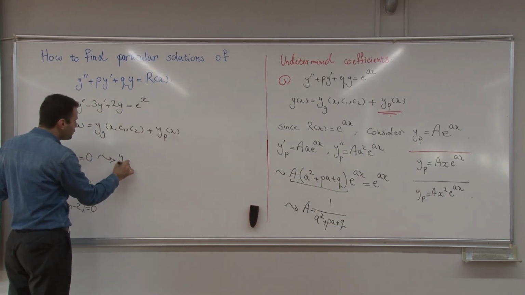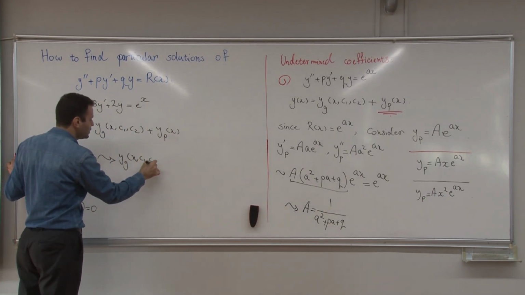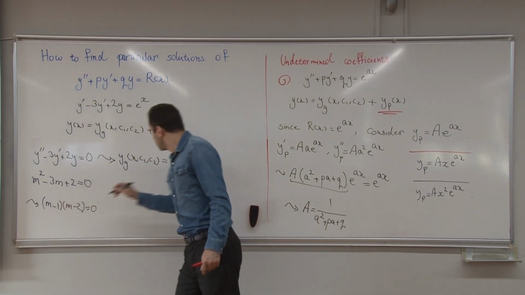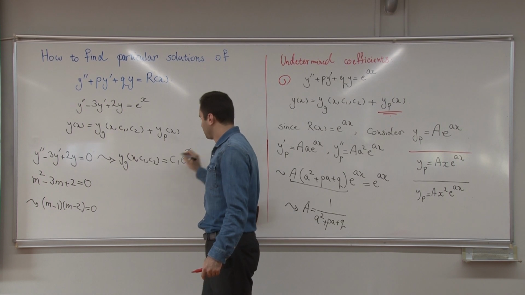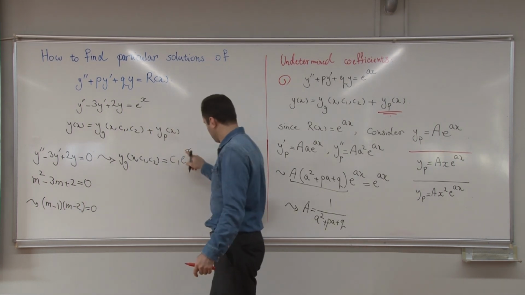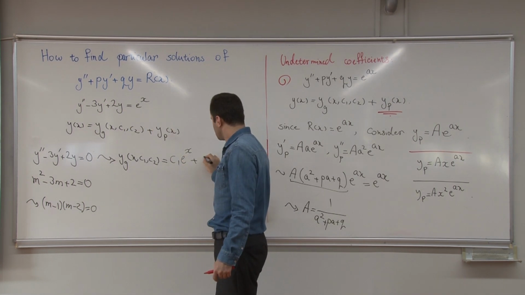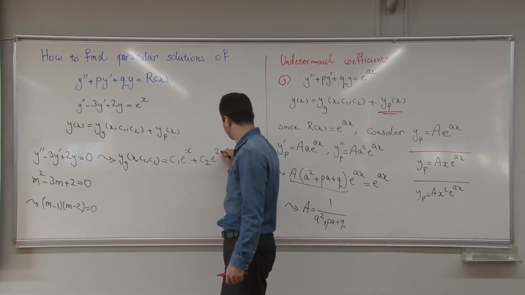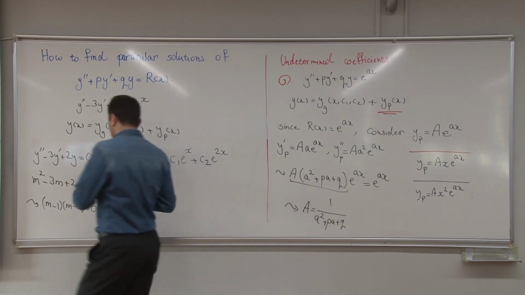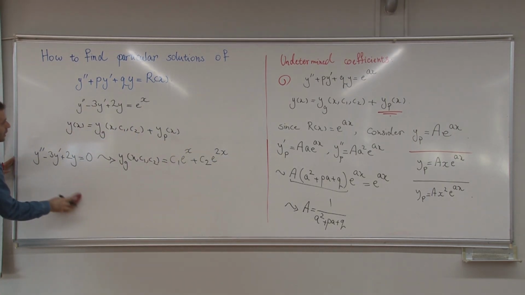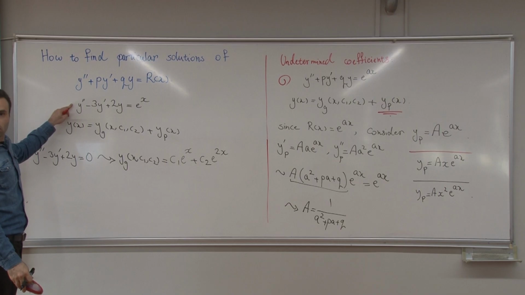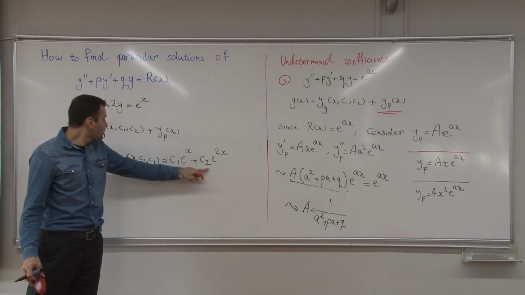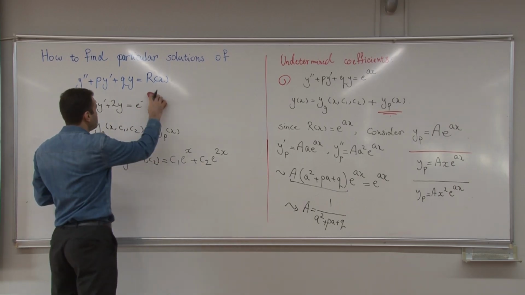So this y_g of x, c1, c2, is going to be c1 times e to the power of 1x, plus c2 times e to the power of what? 2x. Okay? Now, look at this equation.